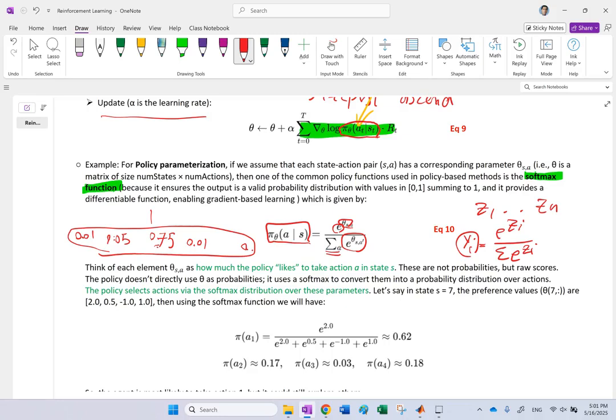Good. Now, let's talk about this function a little bit here, and about this theta of s given a. What is this? This is very important that we clarify this.